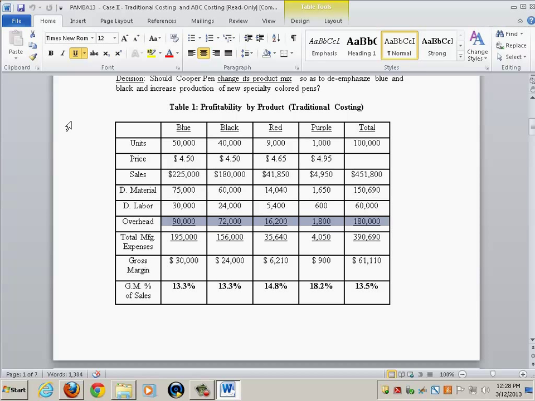So if we have any question about the quality of the profitability numbers, it centers on the overhead or the indirect costs.